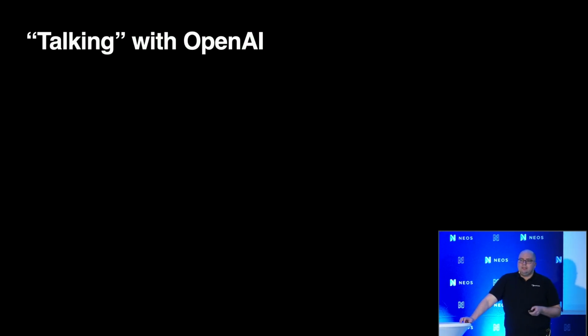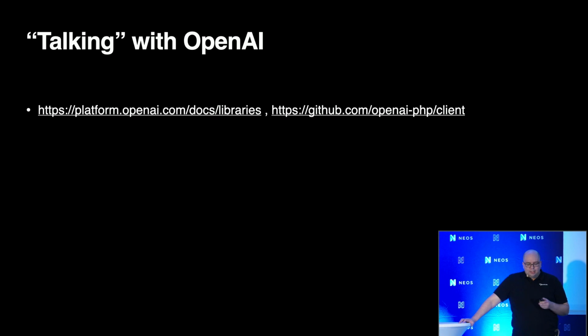So I then delved again into the documentation of OpenAI and found that OpenAI officially has libraries only for JavaScript and Python. For other languages, there is a list of open source libraries, and there were also some PHP libraries to talk with OpenAI.